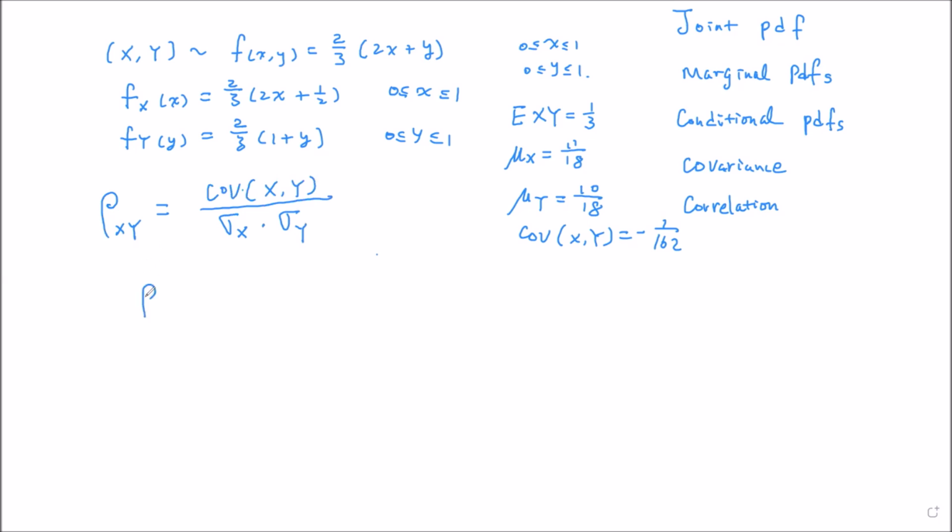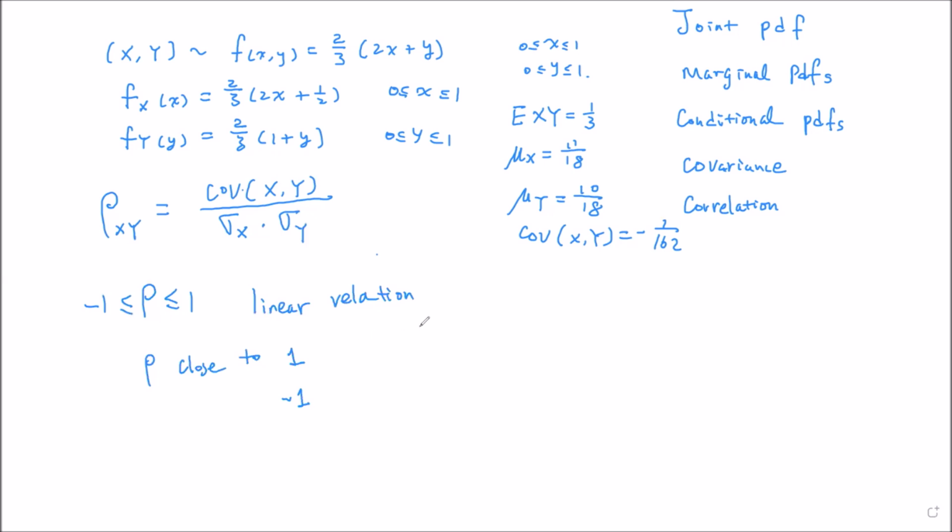It's always from -1 to 1. And it tells us the linear relationship. When rho is close to 1 or -1, then we say they have a strong linear relation.